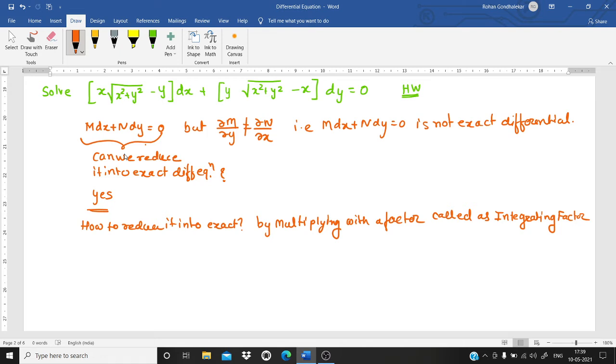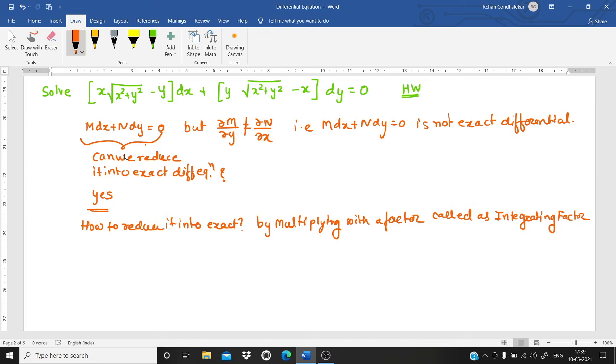So now what are the ways we have? One is you can get the integrating factor in various ways, or just by observation you can easily find the integrating factor. That is, we say we get it by inspection. Fine. But there are some rules from which you can easily derive the value of the integrating factor.